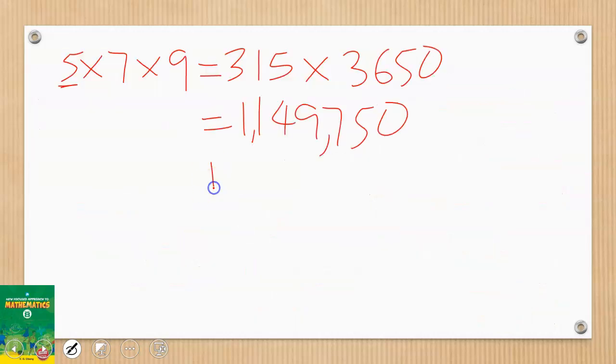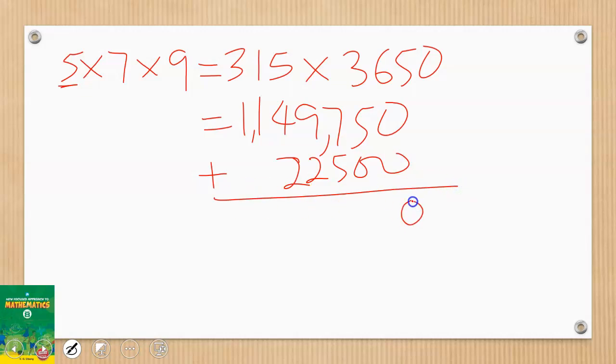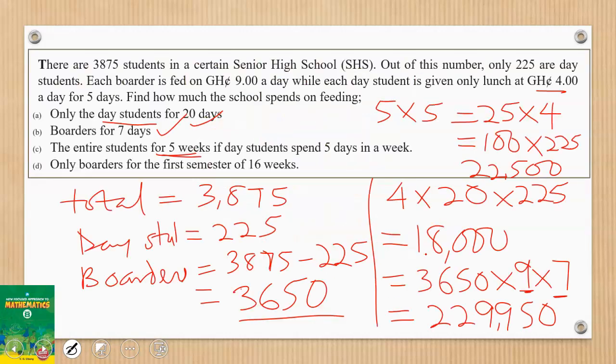Now, when we put this together with that of the day students, which is 22,500, so plus 22,500, the total will be 1,172,250. So this is the amount of money they will use to feed the entire student for 5 weeks.